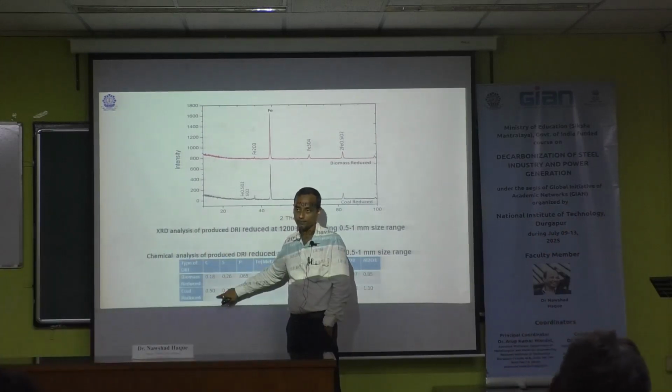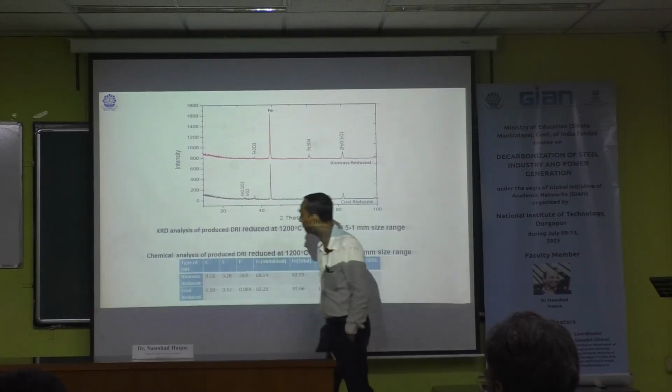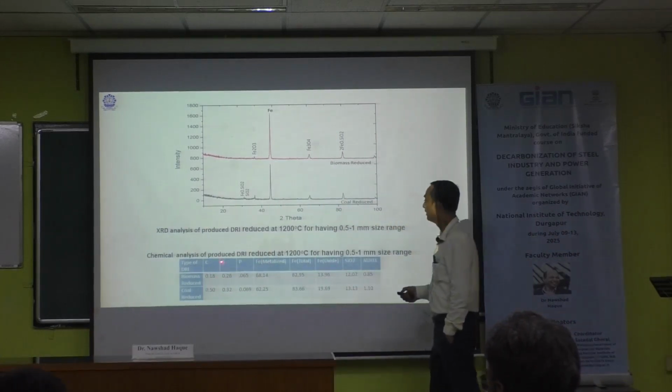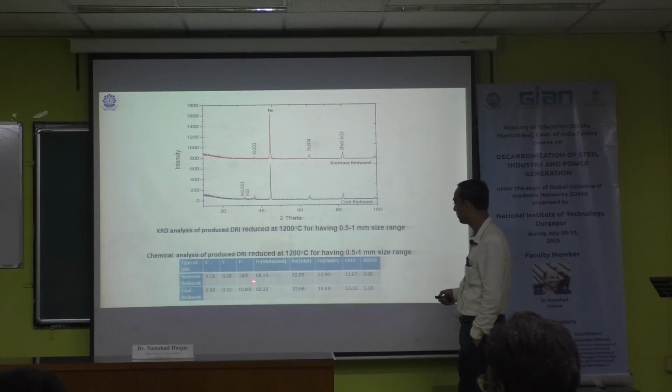The analysis of the steel which is produced from the biomass reduced DRI shows 0.18. Sulfur is also low, phosphorus is also low. You can see heavy metallization.